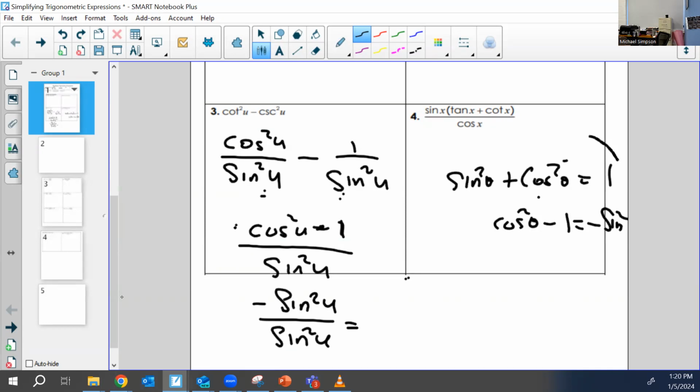If I put the 1 on this side, it becomes a negative 1. Agree? So it becomes cosine square theta minus 1. And if I bring the sine square to the other side, it becomes a negative sine square. See that now? I replace the numerator by negative sine square, and sine divided by sine is 1, so this will become negative 1.